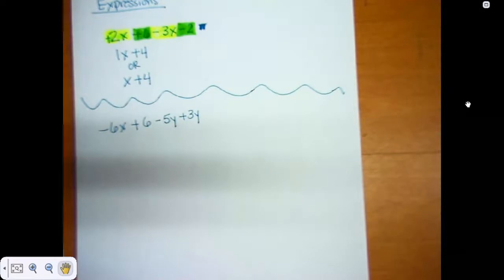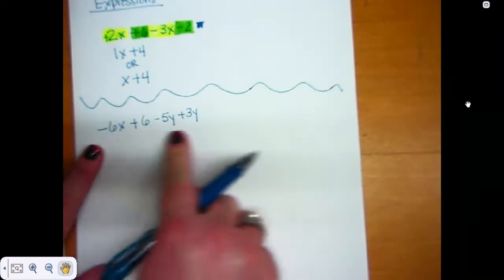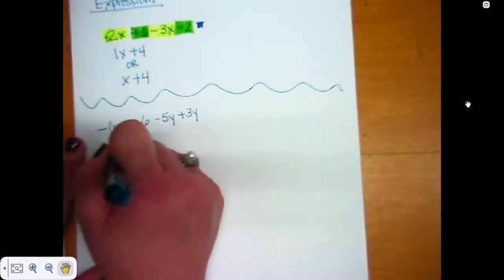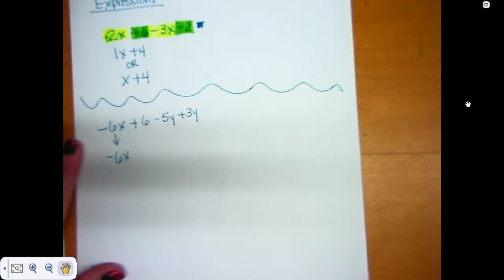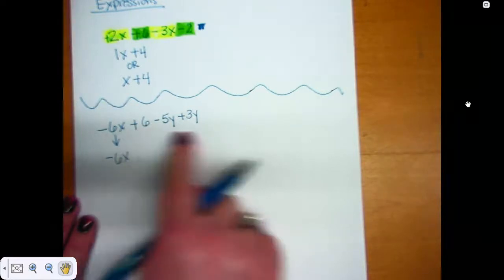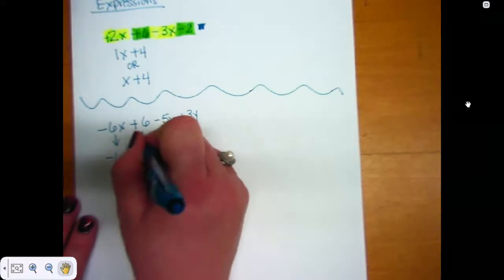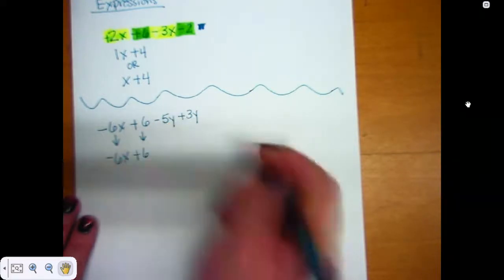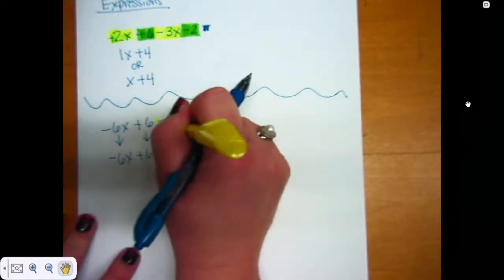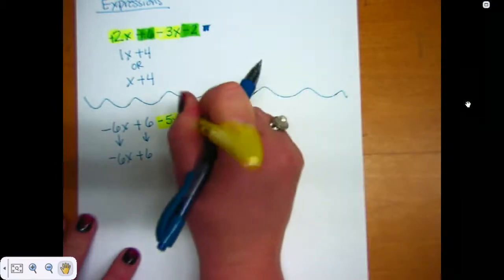Now let's find our like terms. I see that I have an x here. I have no other x's, so I'm just going to bring that straight down: negative 6x. I see that I have a regular number 6, and I have no other regular numbers that I can combine that with, so I'm also going to bring it straight down. And now I see that I have a negative 5y and a positive 3y.